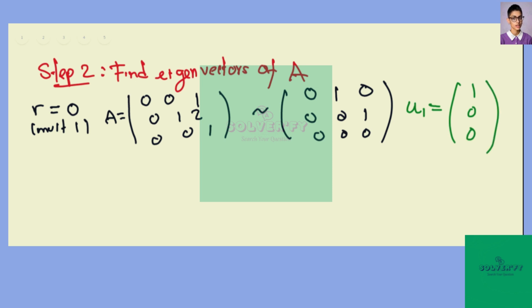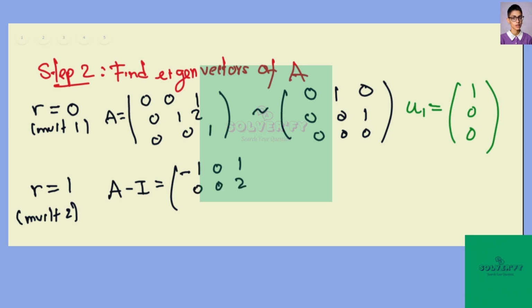Okay, so for the eigenvalue R equal to 1, the multiplicity is now 2. So we need to find the null space of the matrix A minus the identity, which is the matrix negative 1, 0, 1, 0, 0, 2, 0, 0, 0. This is equivalent to the matrix 1, 0, 0, 0, 0, 1, 0, 0, 0.